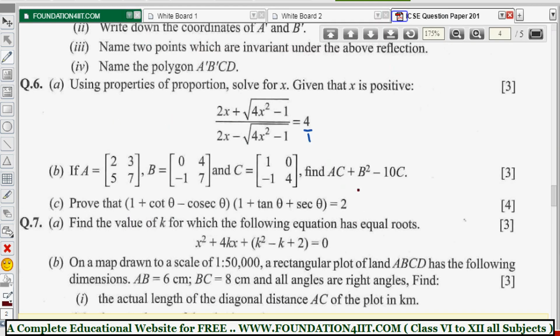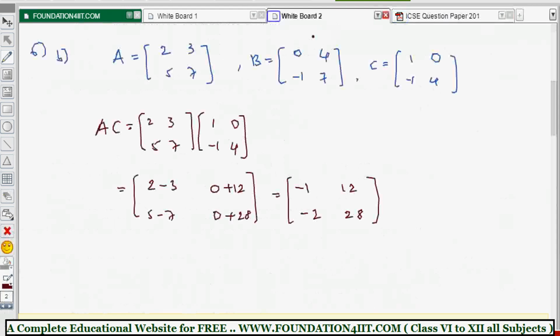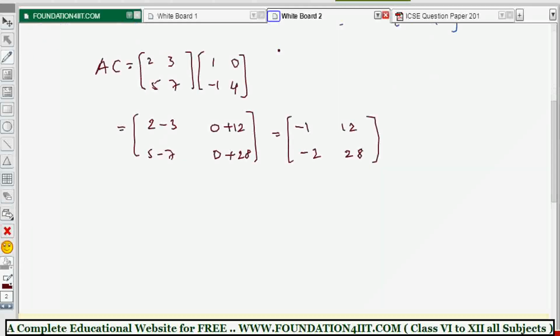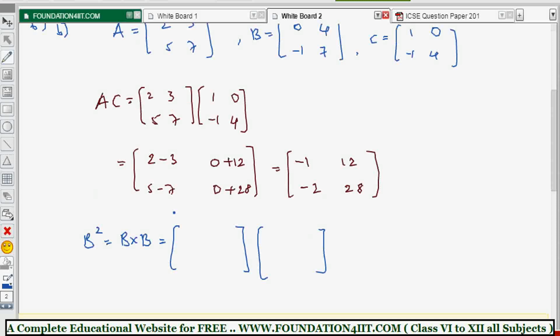Again next B square. So B square is B into B, same matrix. B into B, so B matrix will multiply with itself. So that is 0 4 minus 1 7, same 0 4 minus 1 7.